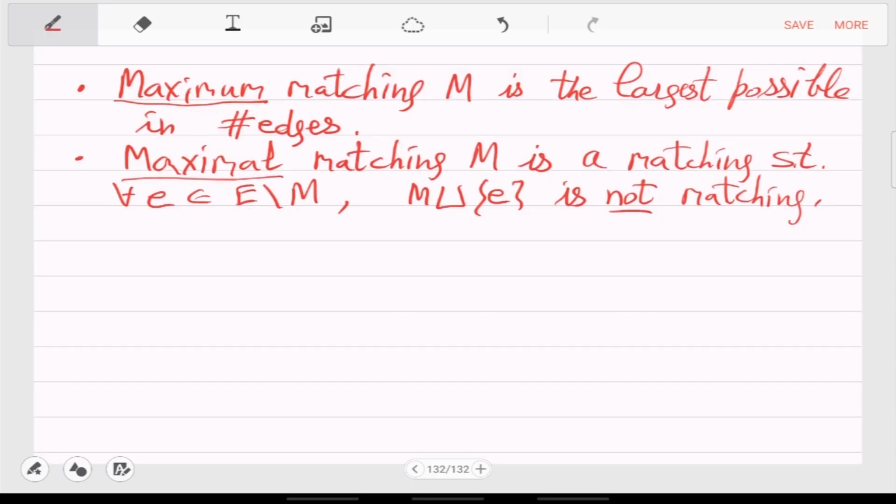How many vertices are there in X and Y? Just 2. Okay, how do you do it in 2? And then you add these edges.